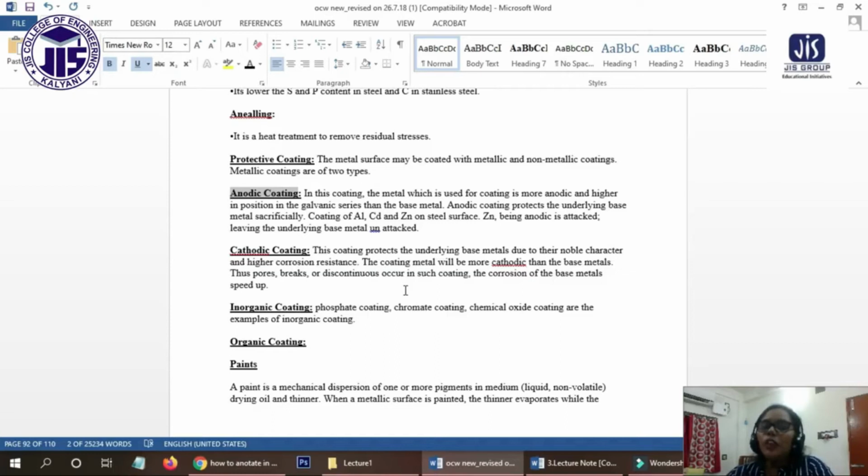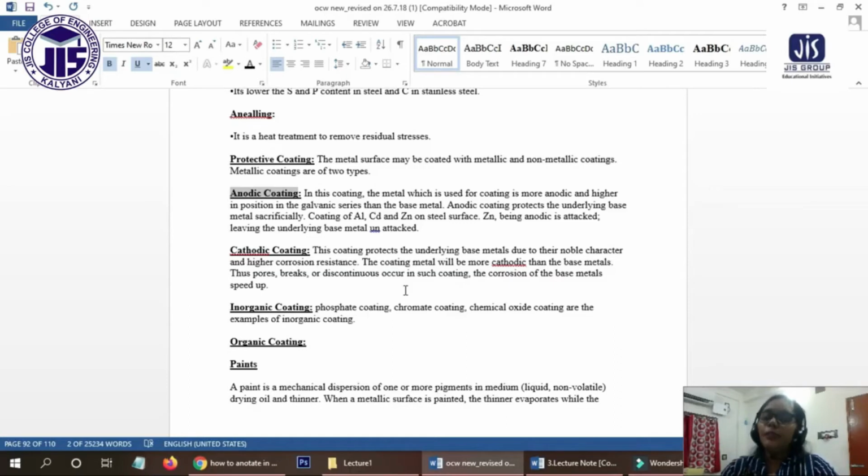Now one more question you can have: between anodic coating and cathodic coating, which will be preferable? Generally anodic coating is preferable, because during the coating procedure, if there is a fracture, the oxygen molecule enters through that fracture. For the anodic coating, the oxygen will react with the higher oxidation potential metal, that means the zinc, not the base metal.